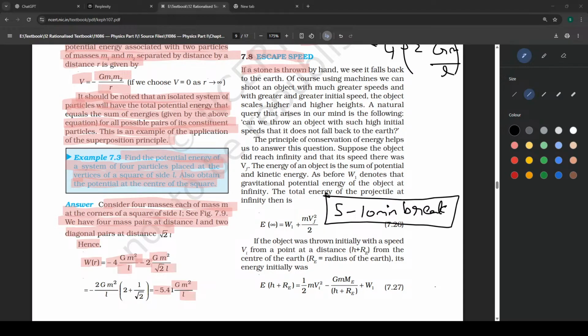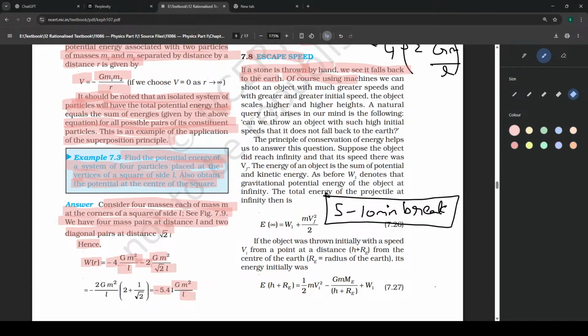Okay, then let's continue. Escape speed. If a stone is thrown by hand, we see that it falls back to the earth following a projectile motion.